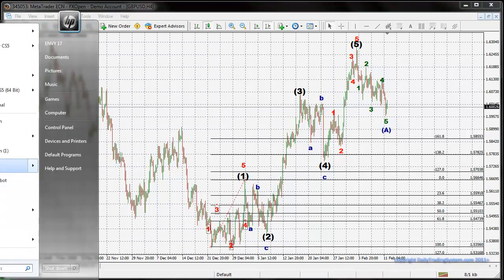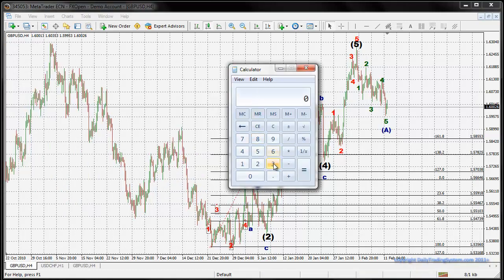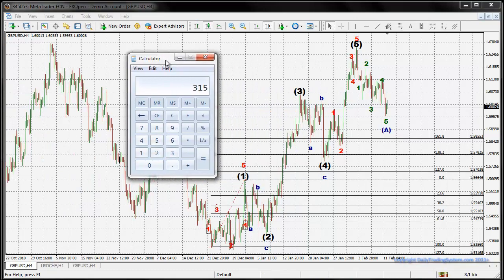So let's go ahead and get our calculator out and type in 315 pips. Let's work out what the extension would be. So times 161.8, so what I would need to do here is actually plus 61.8%, which equals 509.